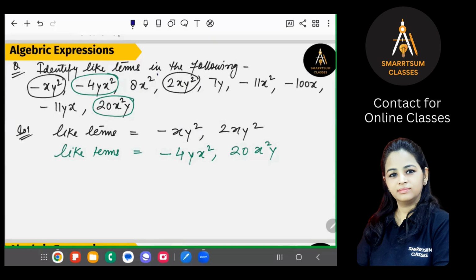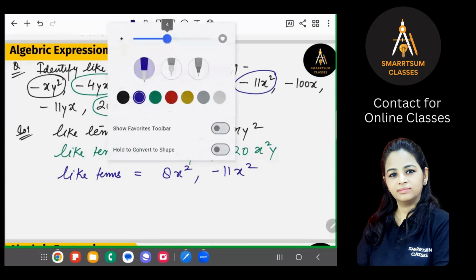Now look here, 8x square. Is there any other x square term? Minus 11x square, right? So this is also an x square term. Is that clear? So again, these are like terms: 8x square and minus 11x square. Now let's see if there is any other set of like terms.